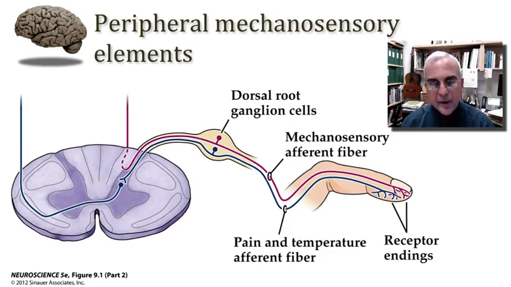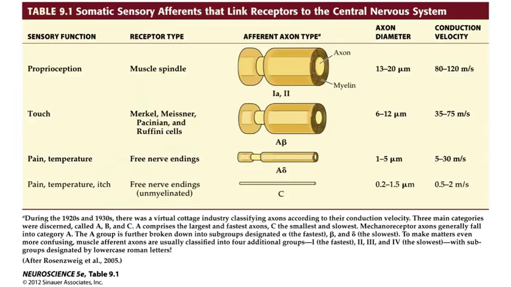Okay, a little bit more about these first-order neurons. These first-order neurons can be organized in various ways, and this table from our reading from Chapter 9 gives you probably more information than you need to know, but at least it makes clear a few basic principles, and that is that there are different morphological categories of first-order axons that relate to their functional properties.